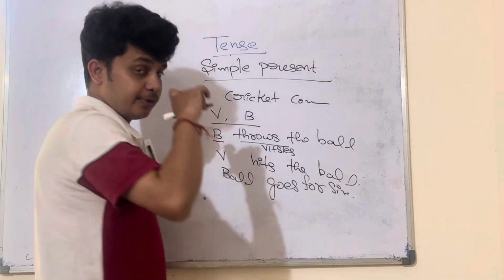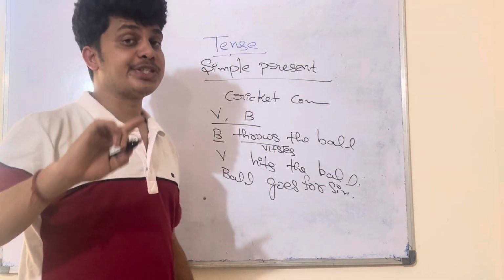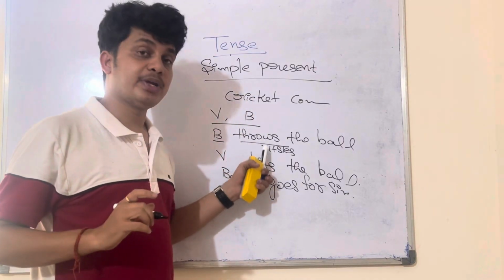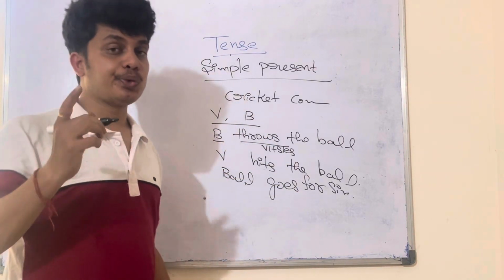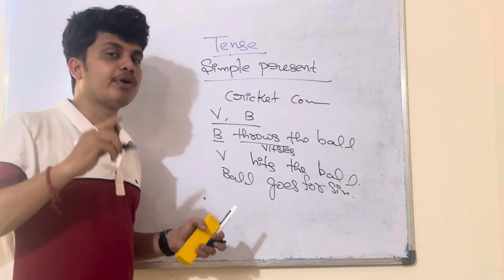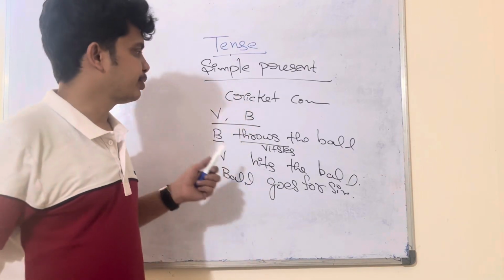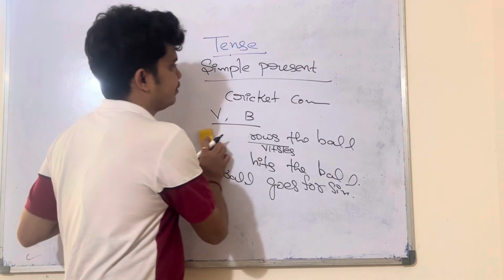Hope you are getting it. So from now, whenever you watch cricket, you don't have to think that you are wasting your time. No, you can even learn English through cricket commentary as well. Simply, you just have to follow the simple present tense formula, the so-called syntax. So this is all about simple present.